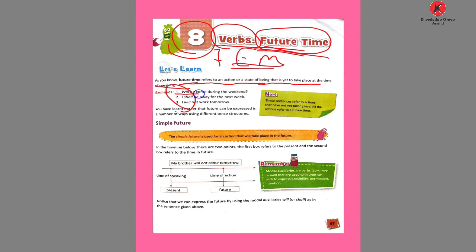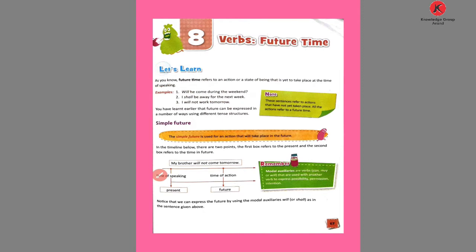Will he come during the weekend? I shall be away for the next week and I will not work tomorrow. Showing the future, express the future tense. Okay? Using that action refers to what? Future. Indicate what? Future event, future action.